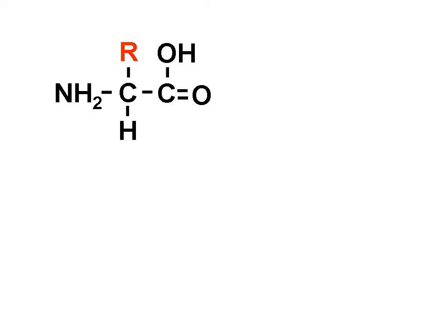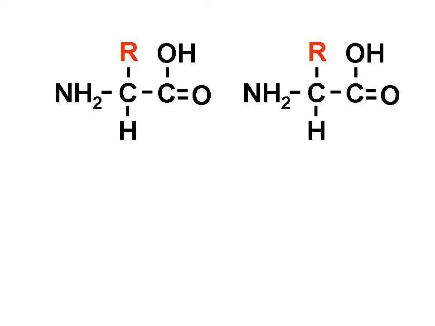Attached to the central carbon are one amine group, one carboxylic acid group, one hydrogen, and a 4th group, denoted by a red R here, which is a variable group. Actually, the amino acids get their name from the identity of that R group. The R group can be different things in different types of amino acids, but the rest is the same.